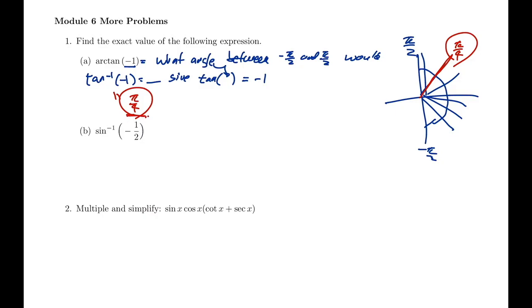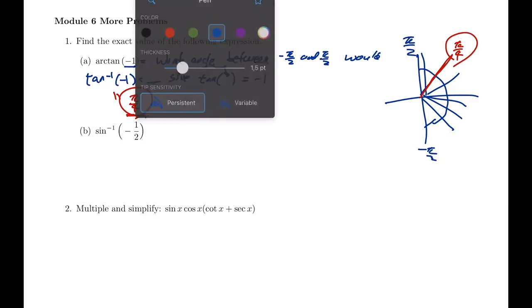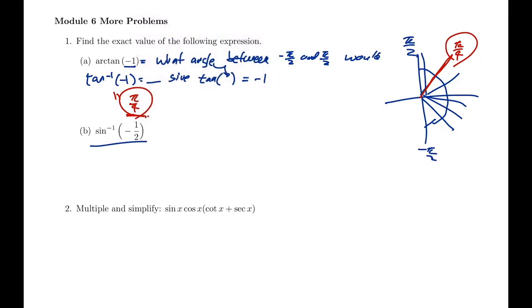Second one, sine inverse of negative half. This is asking what angle between negative pi over 2 and positive pi over 2 will give us a sine of negative half. But again, this angle must be between negative pi over 2 and positive pi over 2.